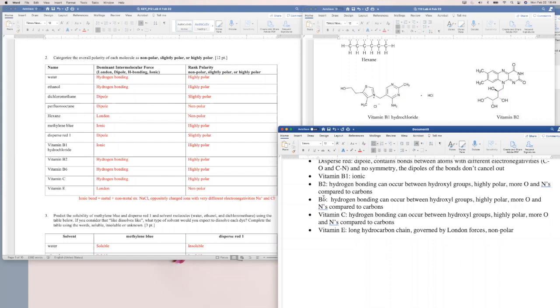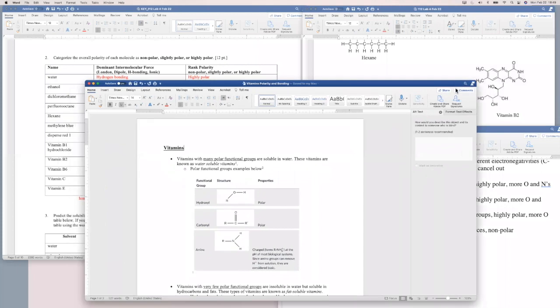And then we have vitamin B2. Vitamin B2 has a lot of these hydroxyl groups. I don't know if you've gone over hydroxyl groups with Professor Levy, but they're OH groups basically. So I did make another sheet. This is up on 2U.